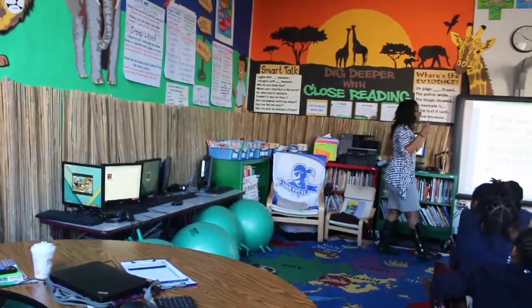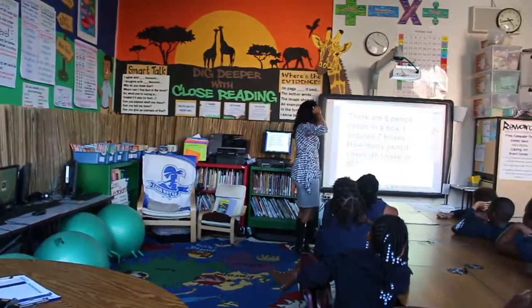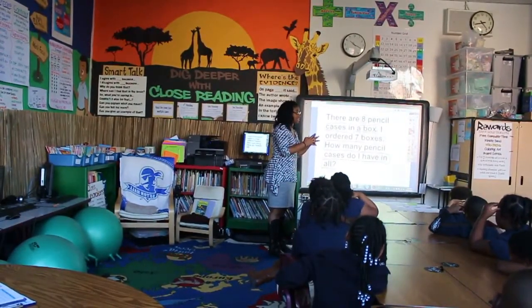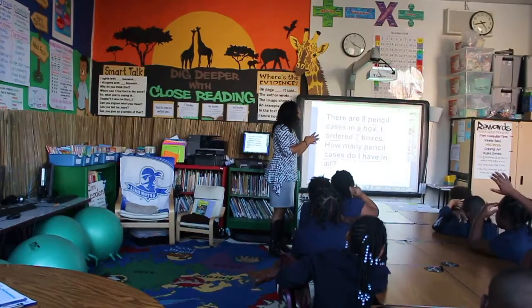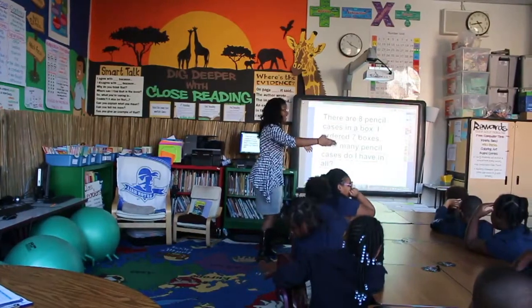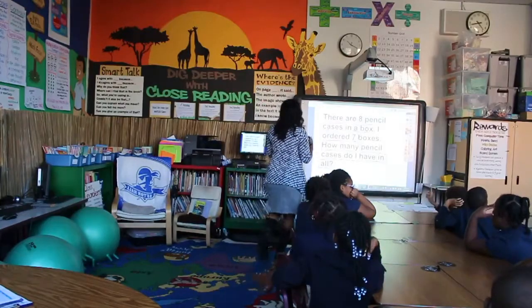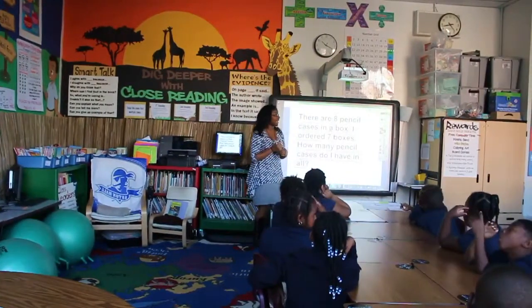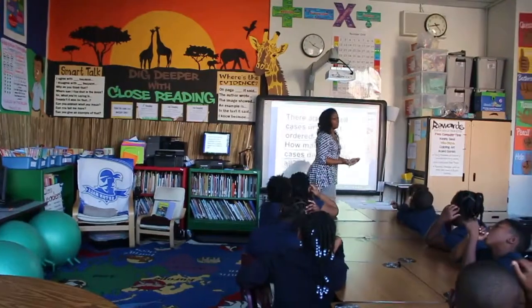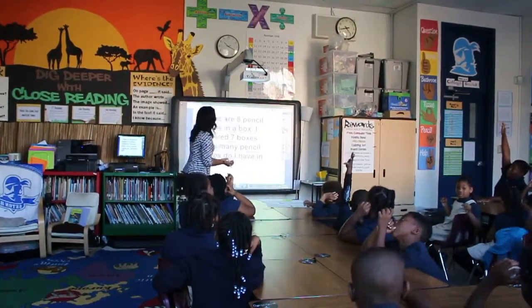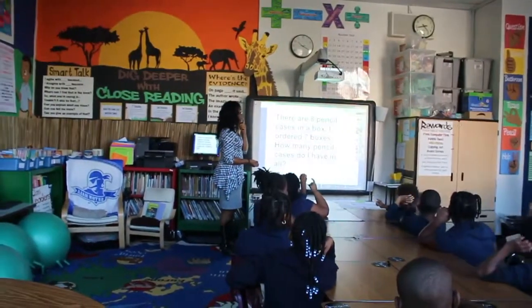So think about it. There are 8 pencil cases in a box. I ordered 7 boxes. How many pencil cases do I have in all? Okay? Open your eyes. Avery, what were you thinking?